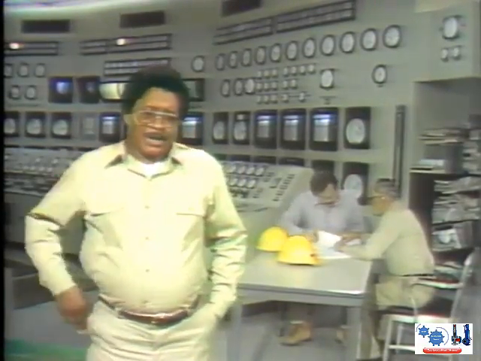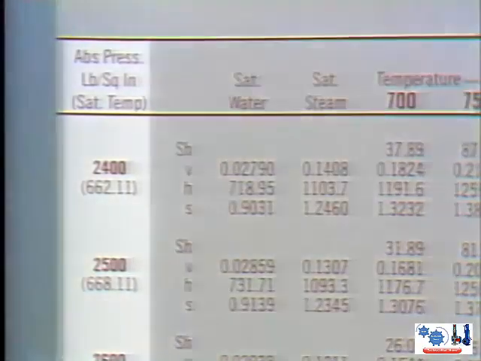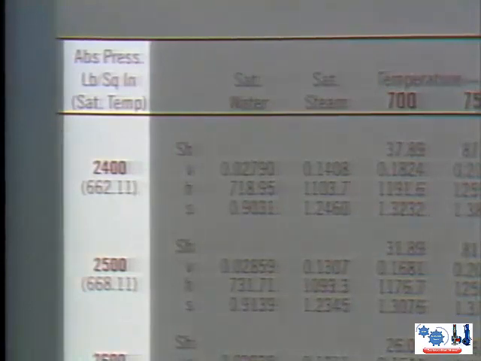While Willie is showing our young operator how to solve the problem, let's you and I do it together. We know that the process is superheated and that the temperature is 1,000 degrees Fahrenheit at 2,450 psia. We look down the absolute pressure column in Table 3 for 2,450, and we find that only the values for 2,400 psia and 2,500 psia are given.